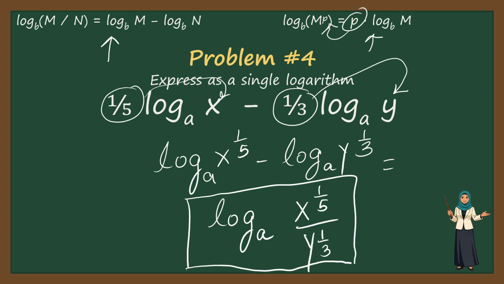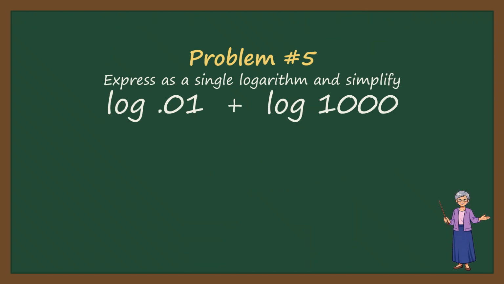Okay, now let's go on to problem number 5. In this problem we have log 0.01 plus log 1000. We're adding this again, so we're going to use the product rule again for this problem. There's one thing that's different. We have to simplify it. So that means that we're going to multiply these products together.